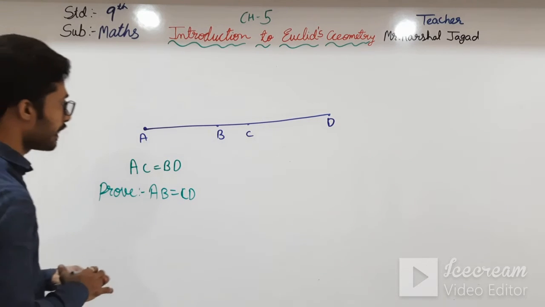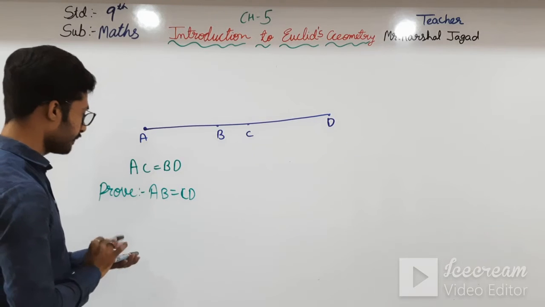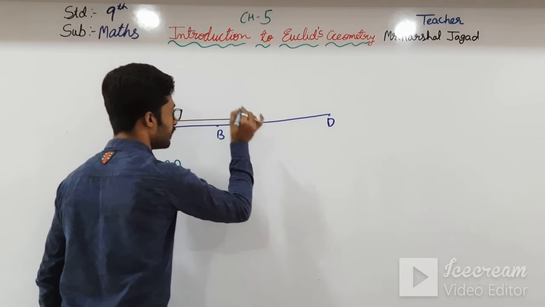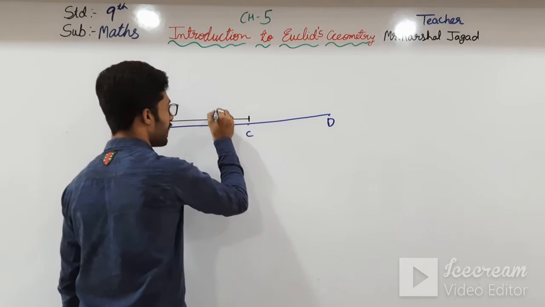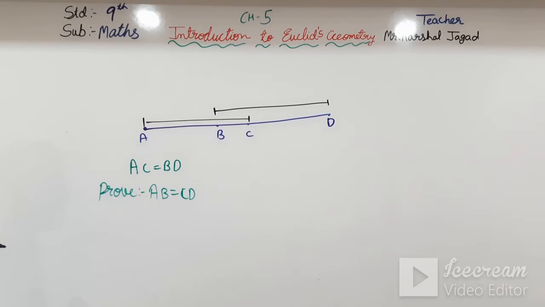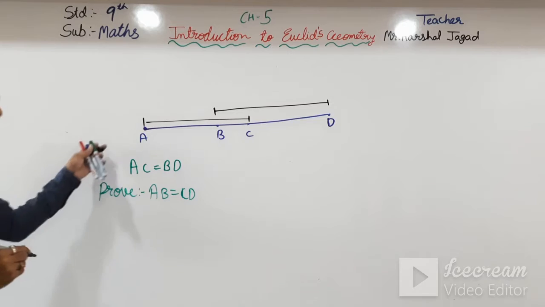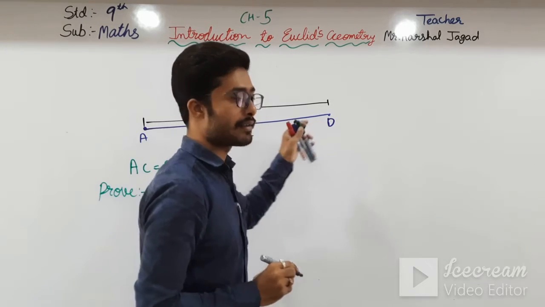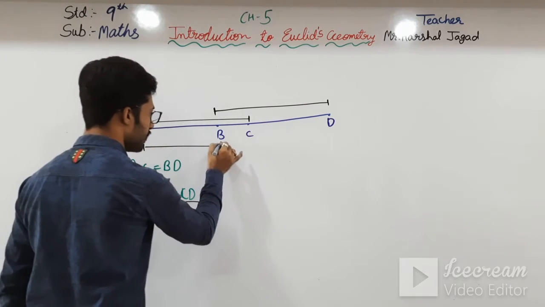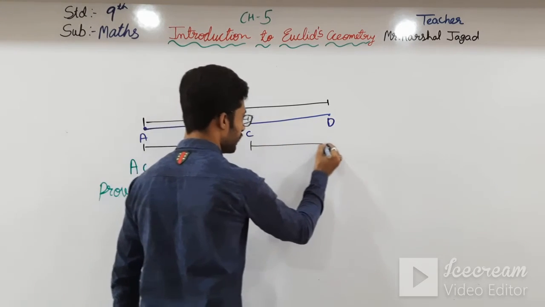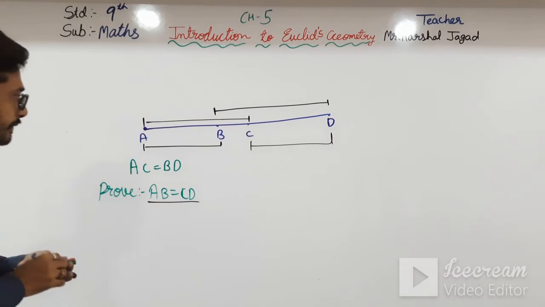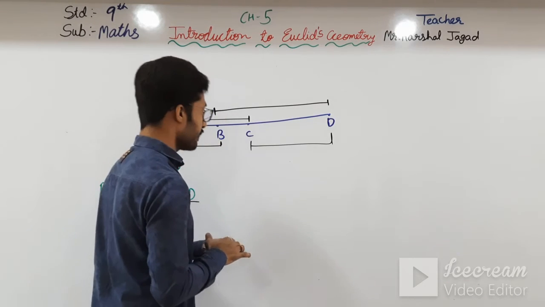So how will we prove that? First of all, this line AC and this line BD are the same. Okay, AC and BD are same. From that we have to prove that AB, this, and CD are the same. So students, I tell you that this is the distance.